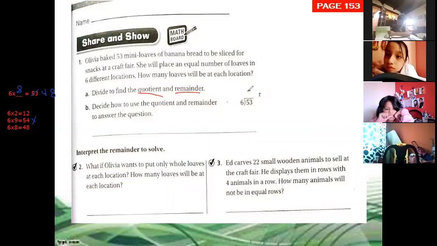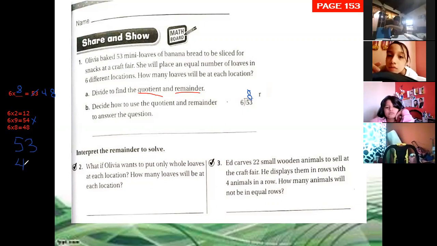So here we have to write 8. 53 divided by 6 equals 8, but this is not an exact division, as I said before.